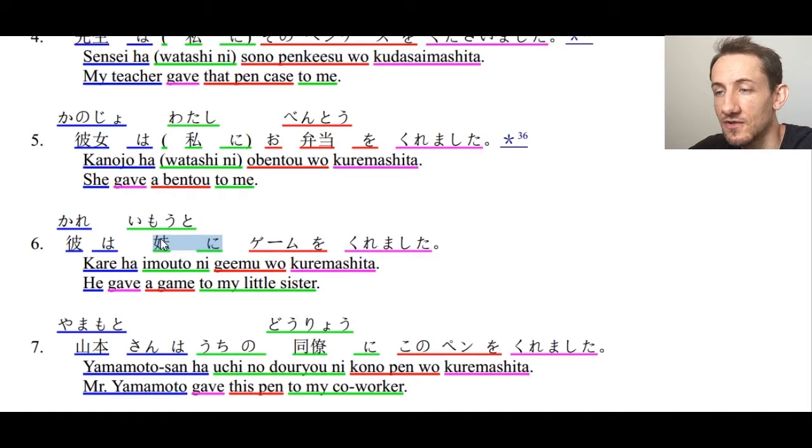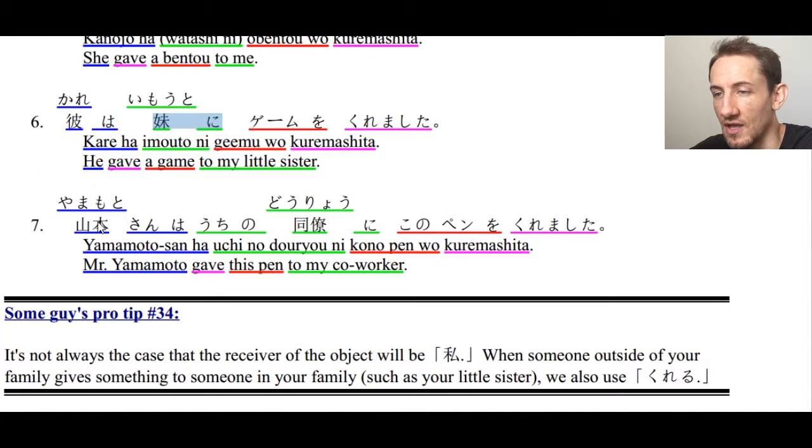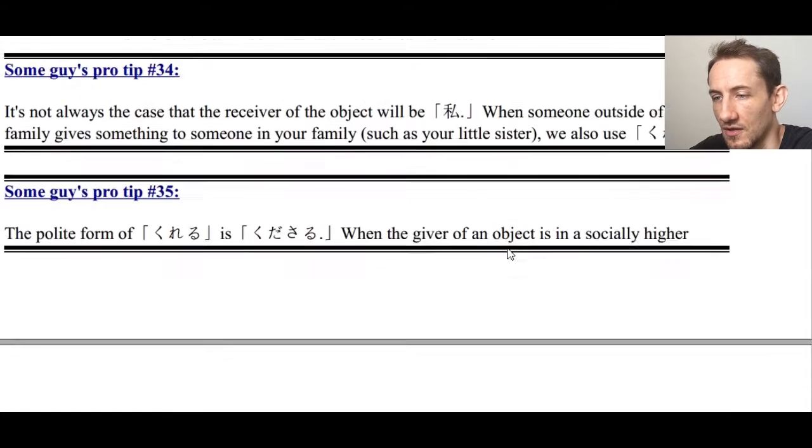So again, my little sister, imoto, is my family, so I use kureru. And number 7, 山本さんはうちの同僚にこのペンをくれました。Mr. Yamamoto gave this pen to my coworker. So again, with family and coworkers, we use kureru.